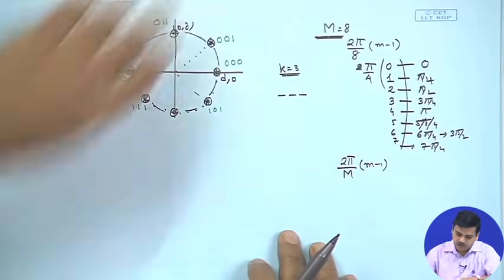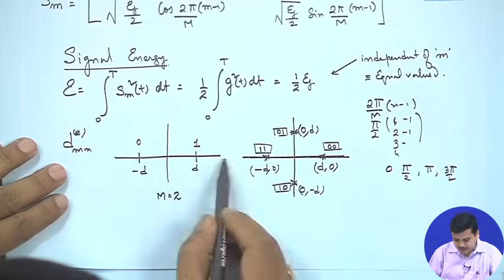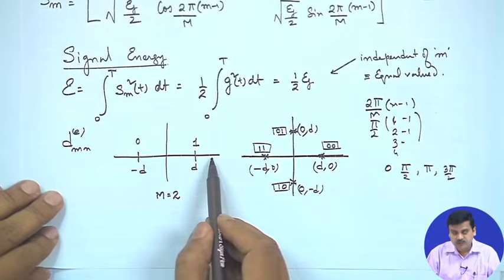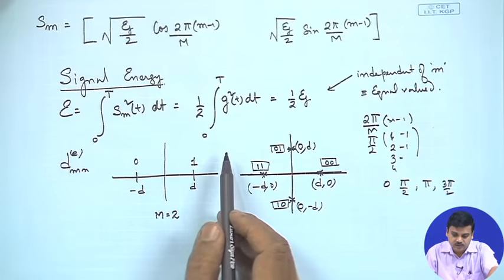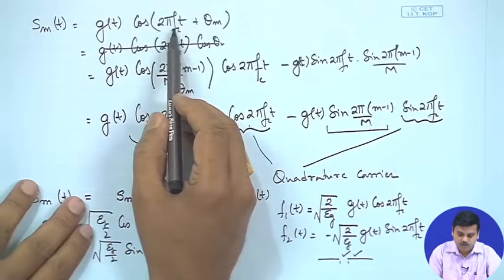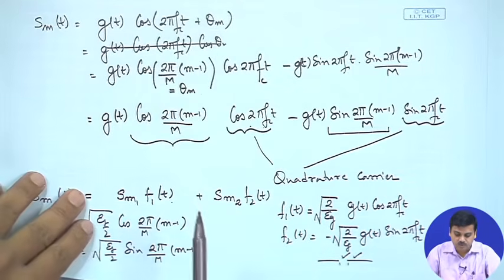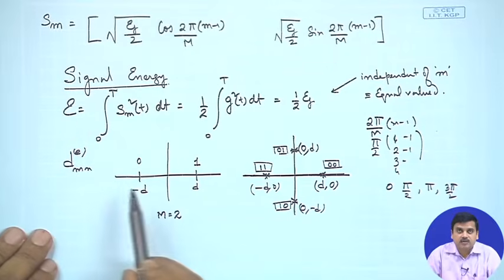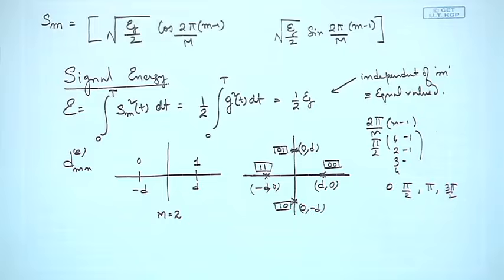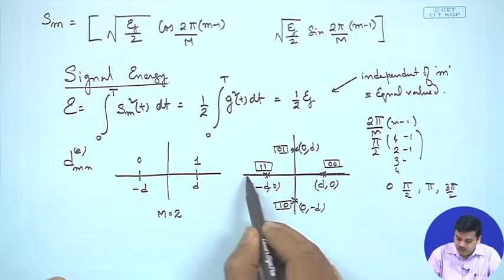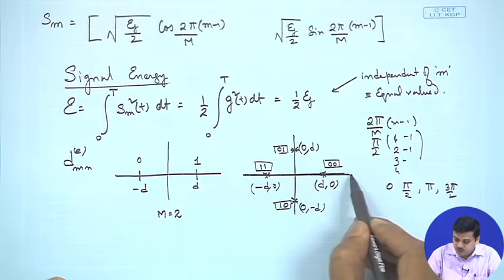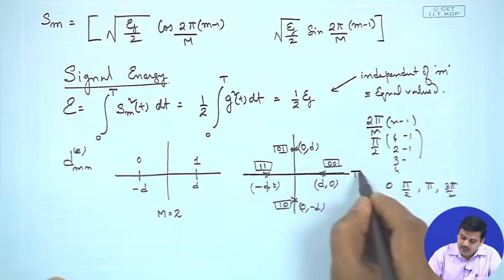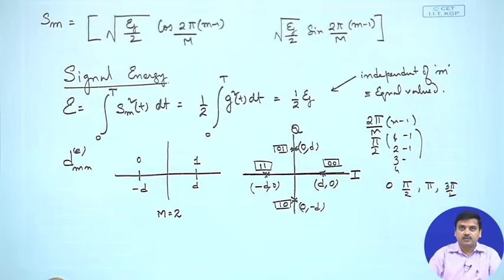clearly the way to send the signal would be, you need a simple carrier cos 2 pi f c t, you would choose the angles, or you could simply modify the amplitude to be plus or minus and you are done. Whereas if you choose M equal to some higher value, as in this picture, we see that you have a cosine carrier and a sine carrier, that means the I axis and the quadrature, the Q axis.